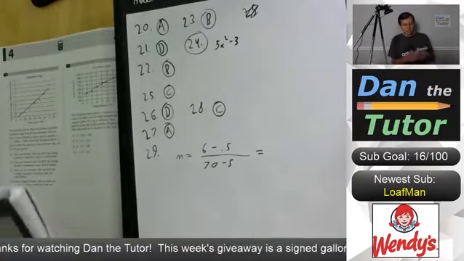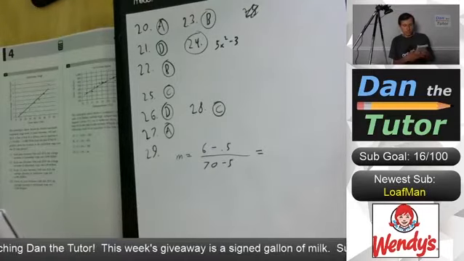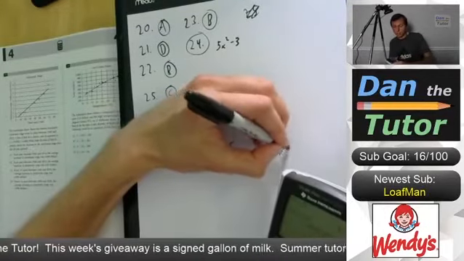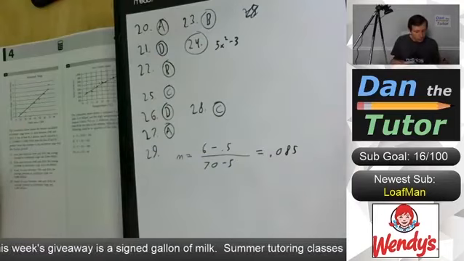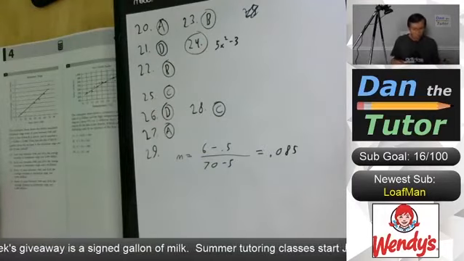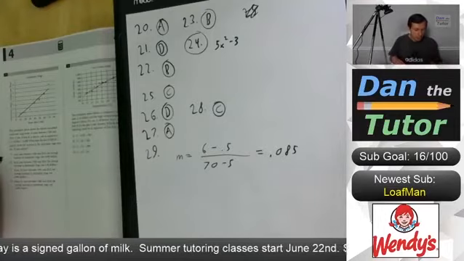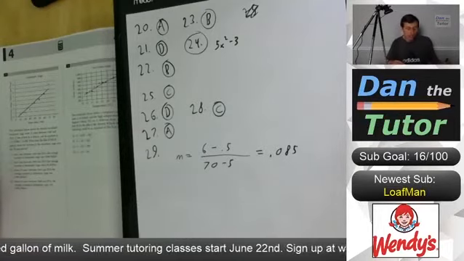And that's just going to be 6 minus 0.5 divided by 65. And we're going to get 0.085, which is none of the answer choices, but it's closest to answer choice A, which says the average increase in minimum wage was $0.096.